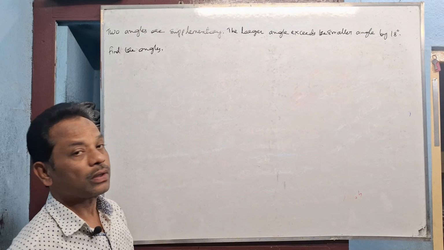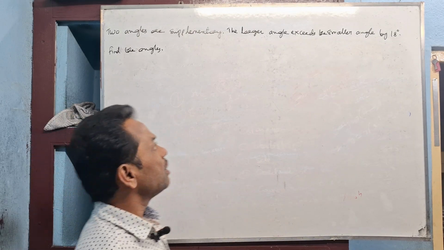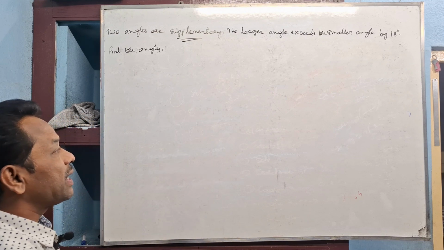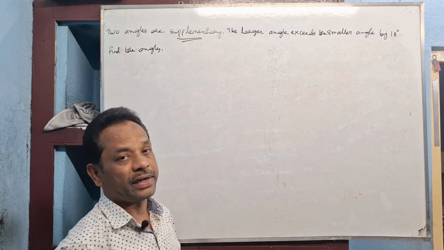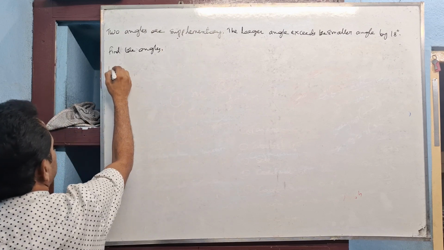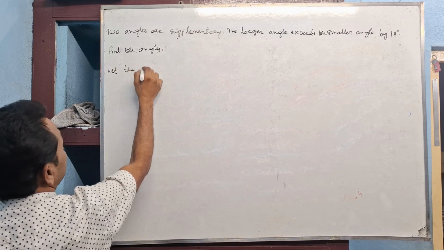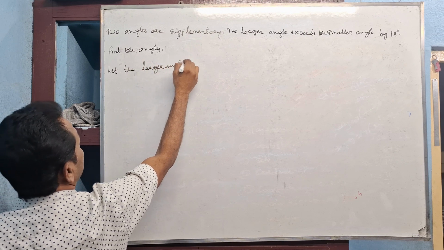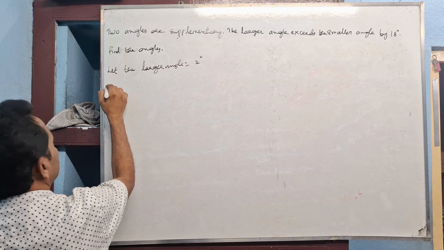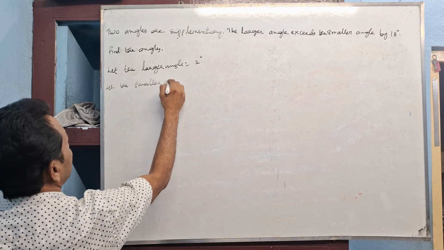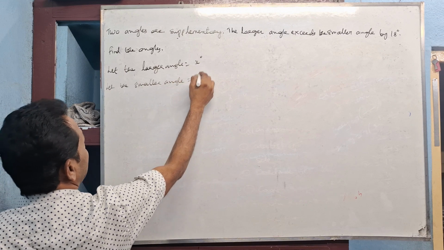In this question, we need to find two supplementary angles, given that the larger angle exceeds the smaller angle by 18 degrees. Let the larger angle be x degrees and the smaller angle be y degrees.